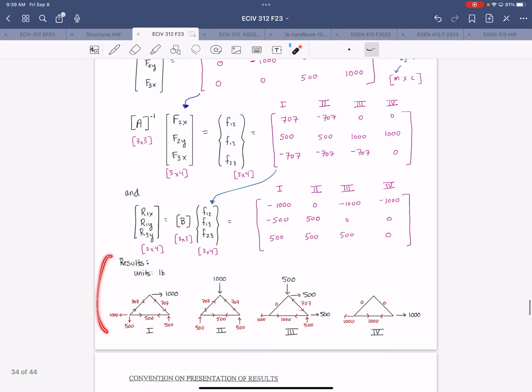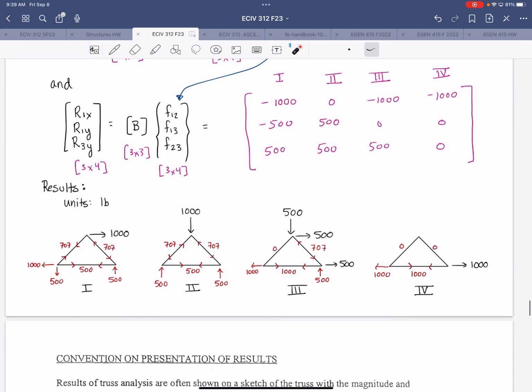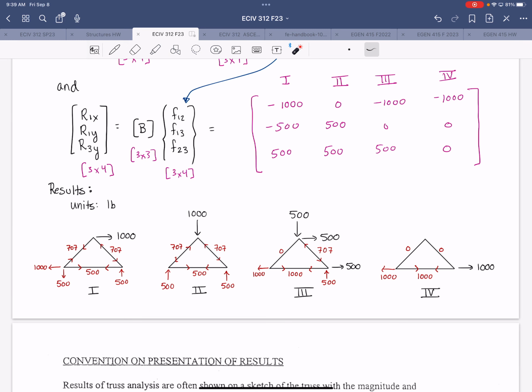And then also summarizing your results with sketches, right? So just like this here, for each load case, include whatever loads are applied, the reaction forces and the internal member forces. There are a couple ways that you can go about representing those internal forces. One is using the arrows, as I described earlier, where tension shows the arrows acting away from the joints and compression shows the arrows acting towards the joints.